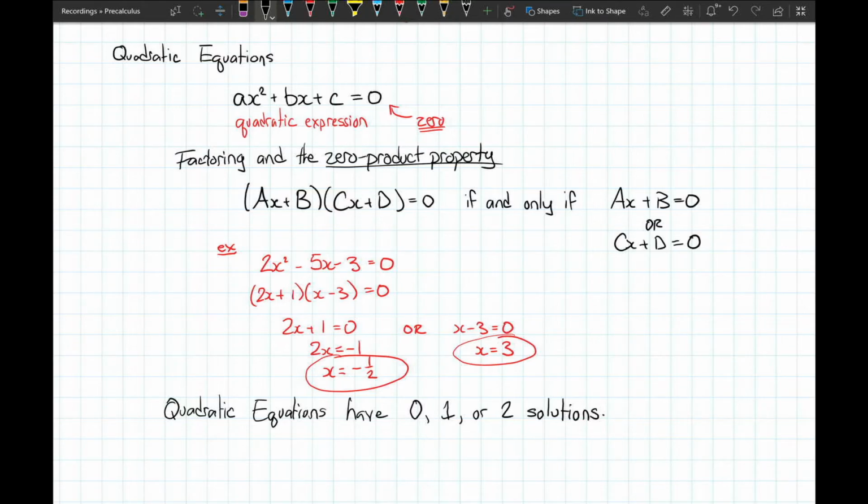Completing the square is a very tedious process for getting x by itself algebraically, basically just using factoring, the addition principle, and the multiplication principle. But it's not the easiest process, and I may save that for another video.